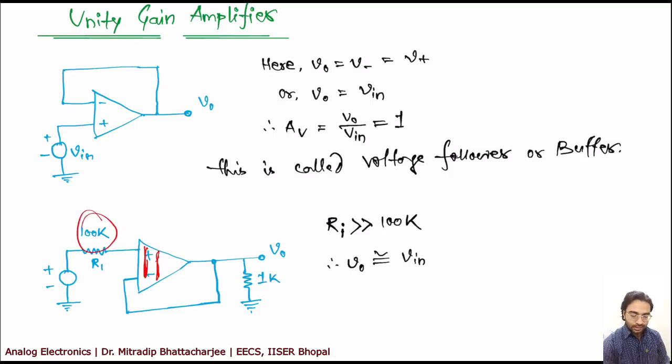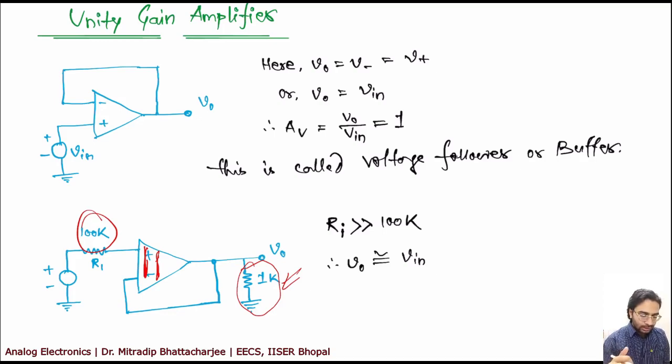If this is okay, then you can even put a 1k load resistance. It will not be a problem, right? You can use a very low load resistance, almost 100 times less, and it will not be a problem in the circuit.